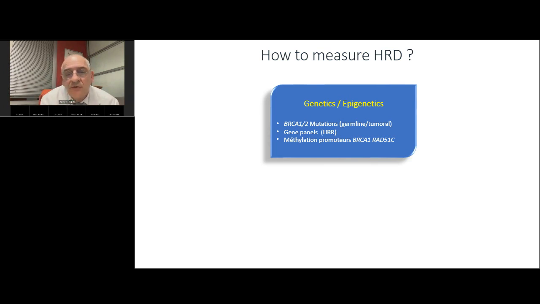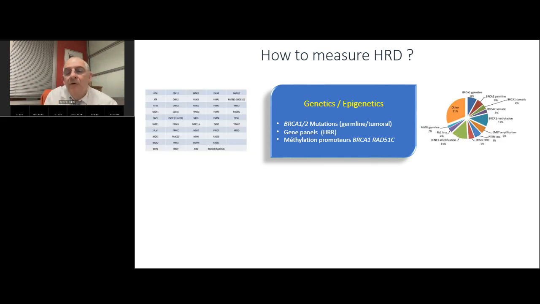Another way also is to look at epigenetic lesion of these genes, such as methylation of promoter, especially in BRCA1 and RAD51C genes. So this has been described. Okay, so this is a way to look at causes, and there are a lot of studies about that. I will go back to this point.